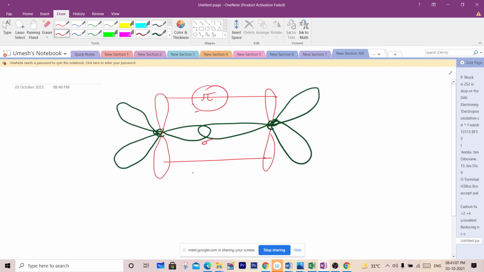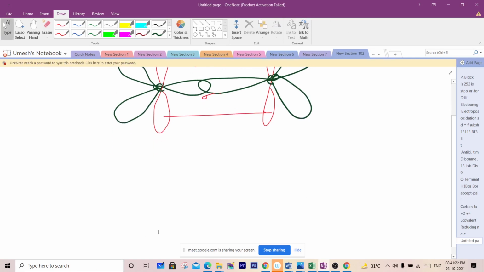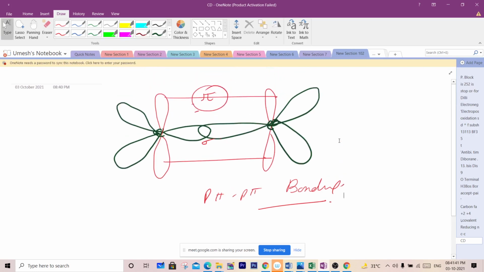But in case of the other elements which are comparatively bigger, they will have a bigger size of the p orbital. In case they have a bigger p orbital, they will not overlap sideways, and that is why they can't make p pi bonding. Only carbon can make p pi bonding. Understood? Because here we have a 2p orbital and a 2p orbital.